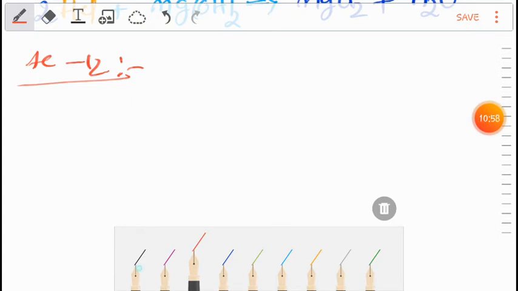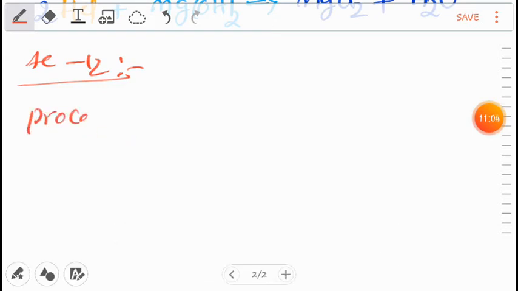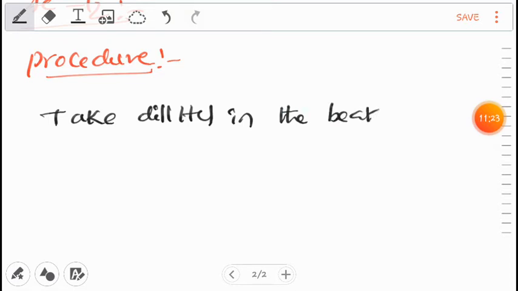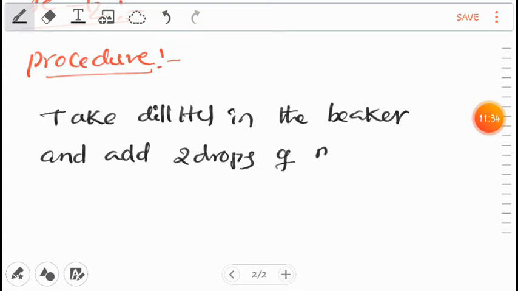Now you will write the procedure. Take dilute HCl in a beaker and add 2 drops of methyl orange.